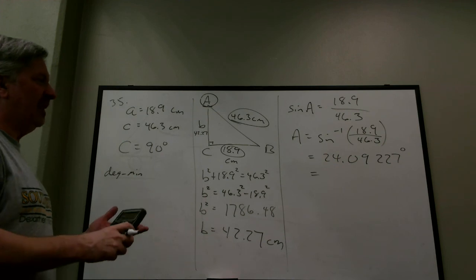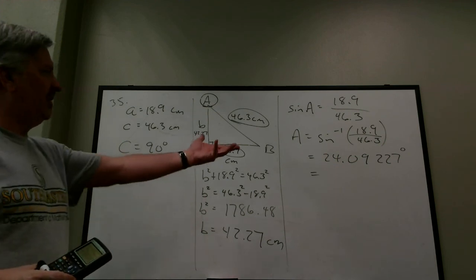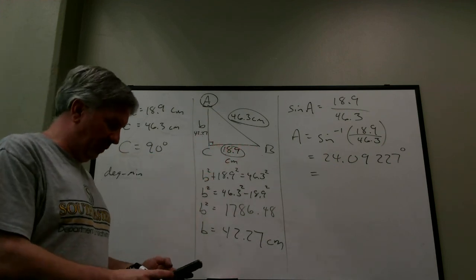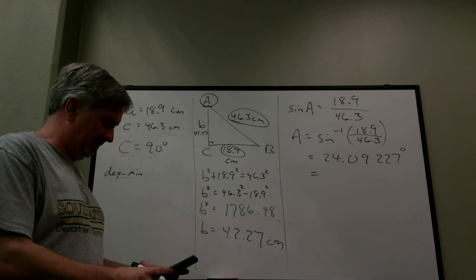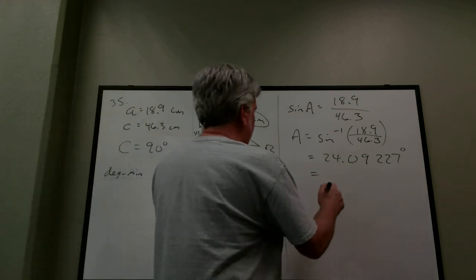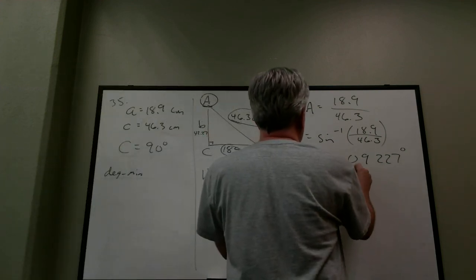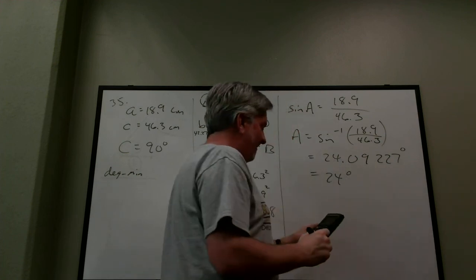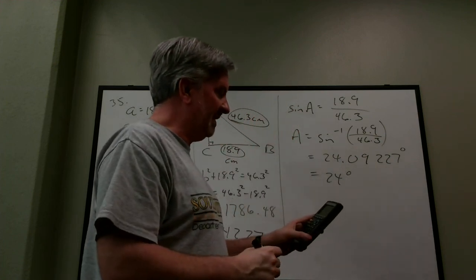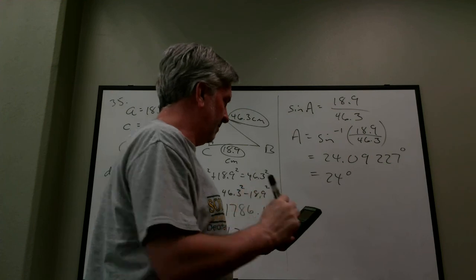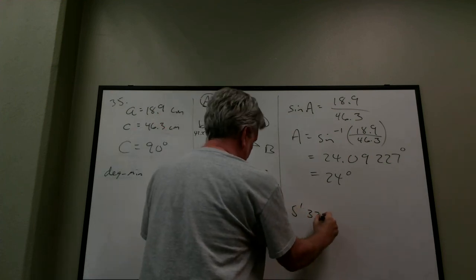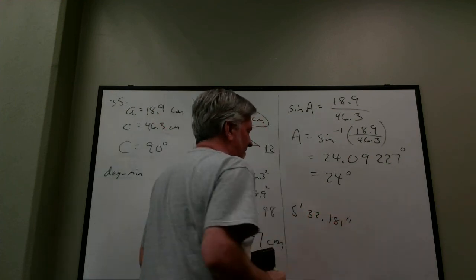All right, so again, those that have a TI-84, remember, this is easy. You go to the angle menu, number 4. I'll just go ahead and do that. And it tells me it's 24 degrees, 5 minutes, and 32.181 seconds.